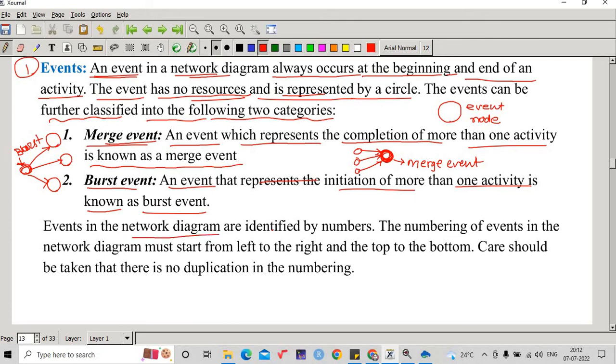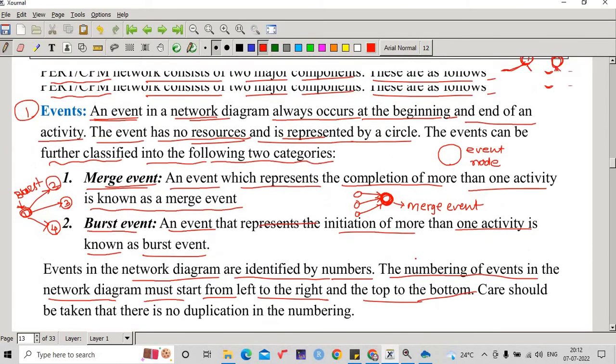Events in network diagram are identified by numbers. Means many of the times this can be numbered as 1, this as 2, means 1 to 2 we are reaching, 1 to 3 we are reaching, 1 to 4 we are reaching, and so on. The numbering of the events in the network diagram must start from left to right or from top to bottom.